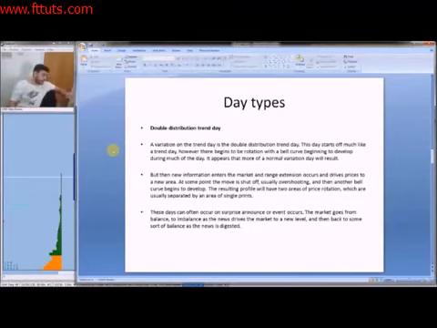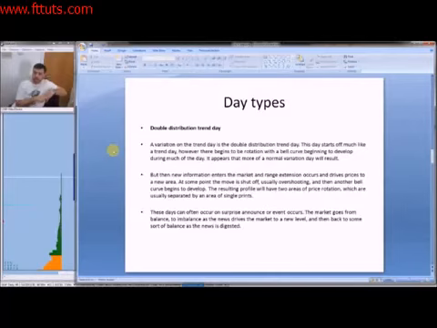As per yesterday, we saw a good example of this. We'll get all of these charts up so that we re-cement it in our minds. New information enters the market and a range extension occurs and drives prices to a new area. At some point the move is shut off, usually overshooting, and then another bell curve begins to develop.